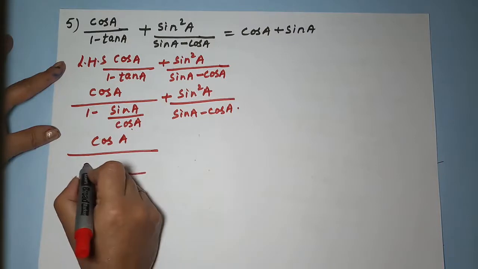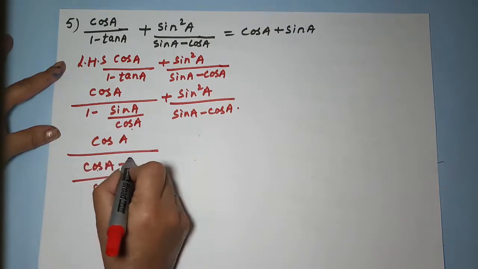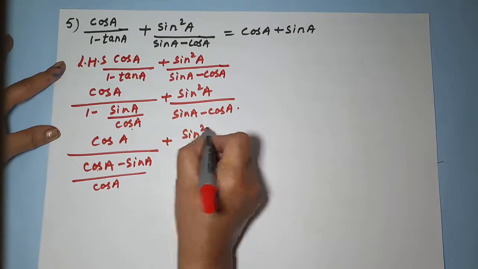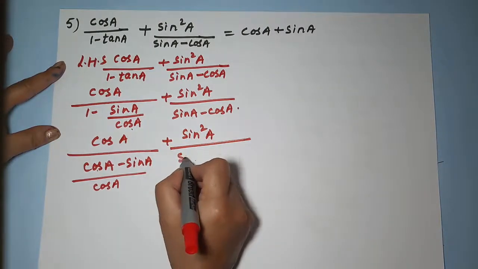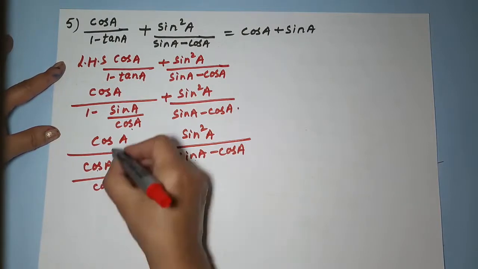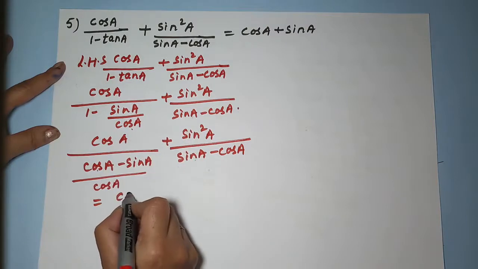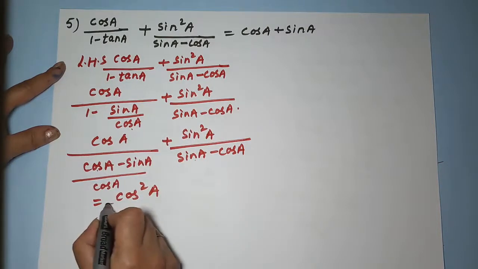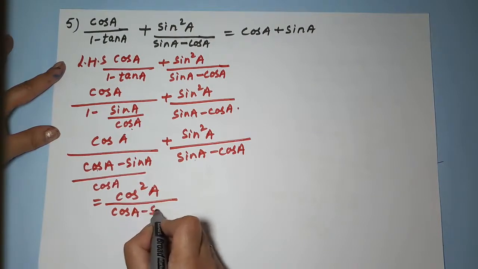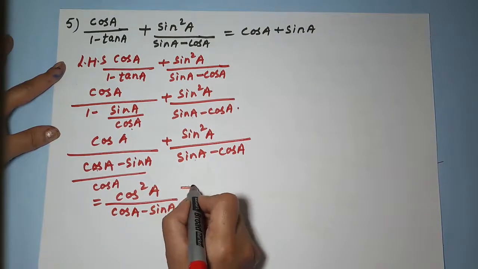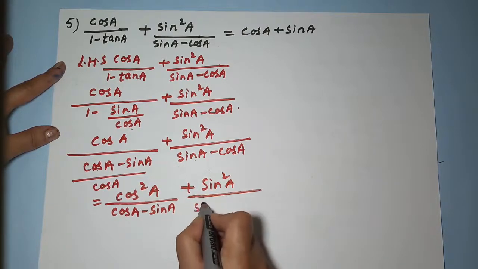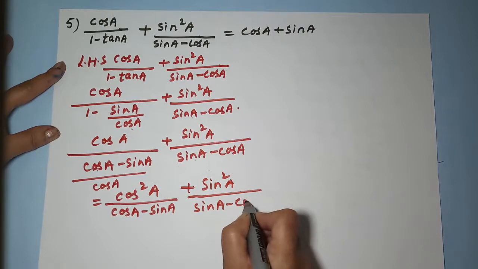So here I will get cos A minus sine A plus sine square A upon sine A minus cos A. Now this cos A will come up and it will become cos square A, and in the denominator I have this cos A minus sine A, then plus sine square A upon sine A minus cos A.